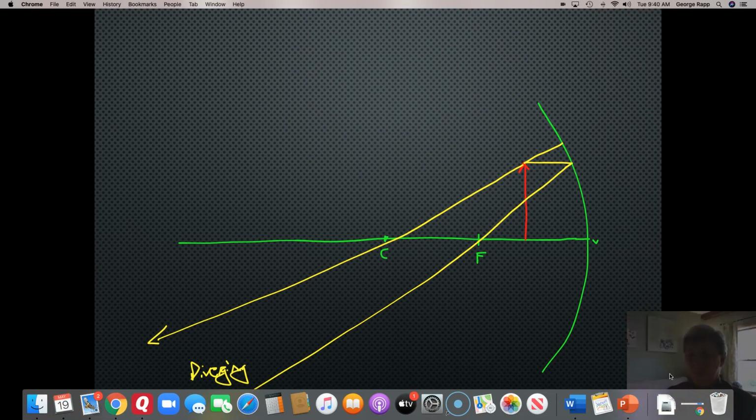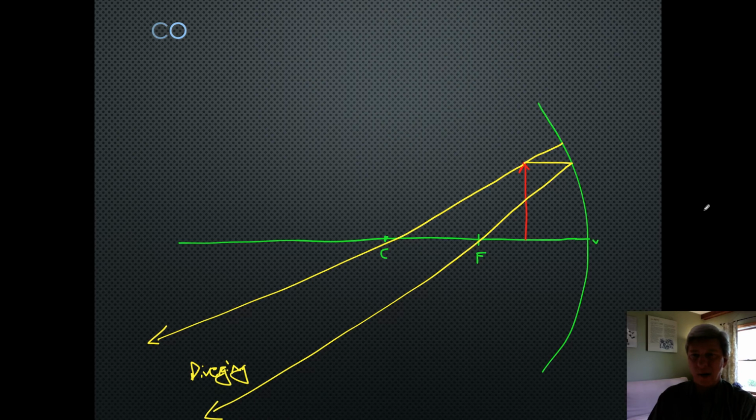I'm going to move myself out of the way here. And now, if I continue these, and I'm going to cheat, these aren't going to be drawn perfectly straight, and I'm cheating.